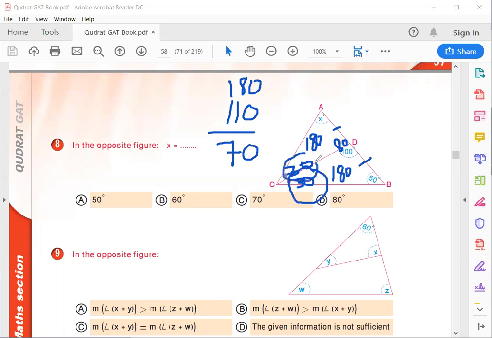Because of the same angle, it is 30. Then you add 30 plus 80, it is 110. Then you subtract 180 minus 110 equals 70. Is it clear? Is it clear, these questions?